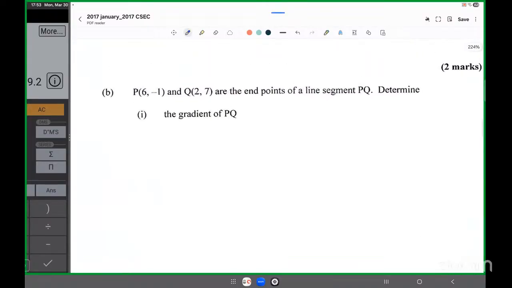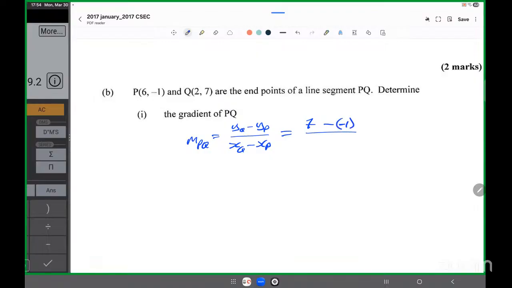So gradient of PQ, let's call it small m PQ, equals, for example, let's say we're doing this point minus this point. We can say, for example, yq minus yp over xq minus xp. The yq is 7. The yp is -1. So it's 7 minus -1.